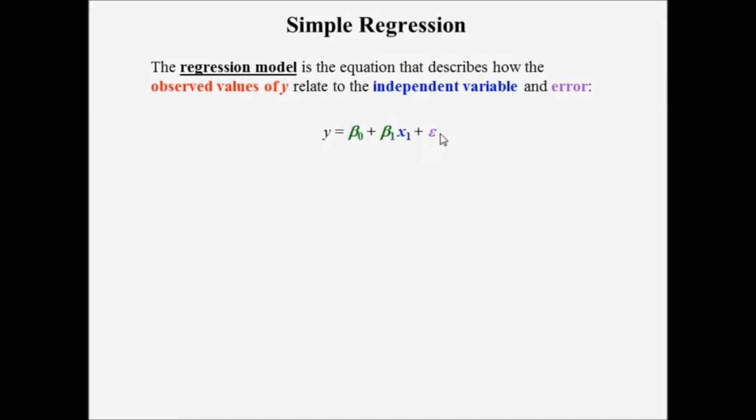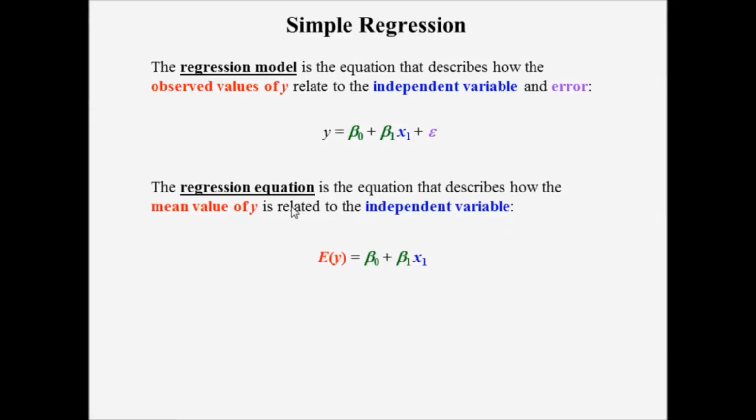So right here is the error term, which cannot be known, which is why we use a Greek letter, epsilon. The slope, beta 1, which we cannot know, which is why we use beta. And the true intercept, which we cannot know, which is why we use beta again. The regression equation is the equation that describes how the mean value of y, denoted E of y, which stands for the expected value of y, is related to the independent variable x1.